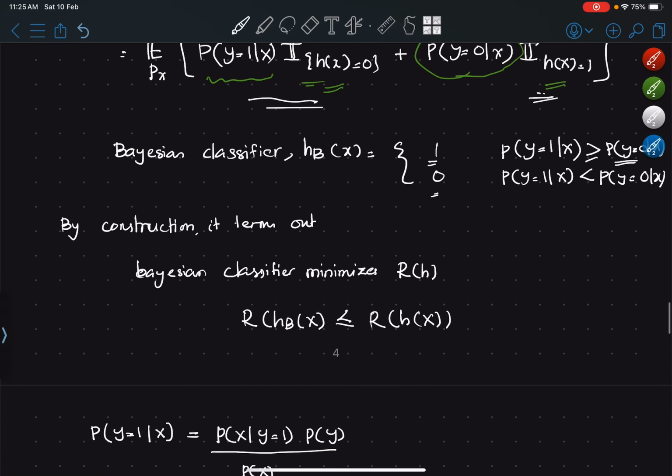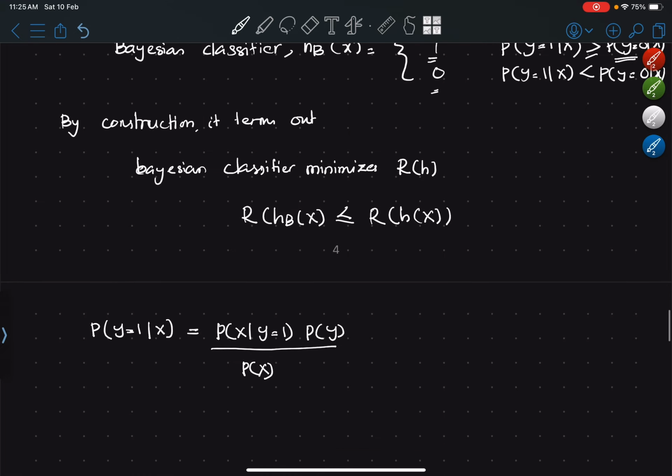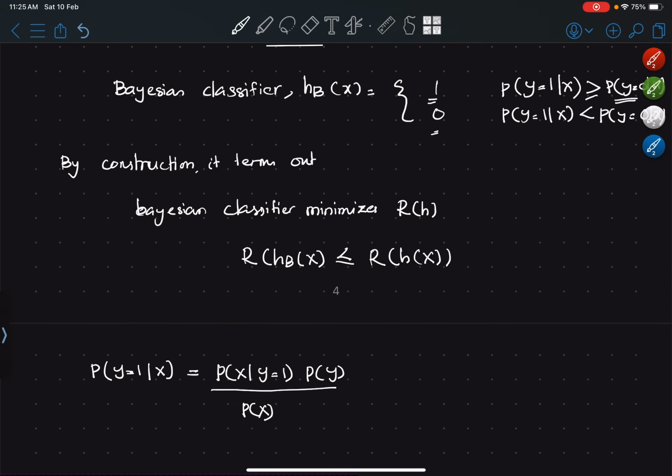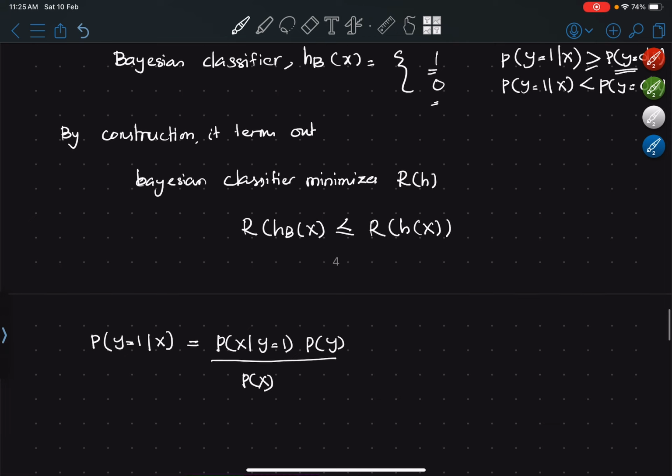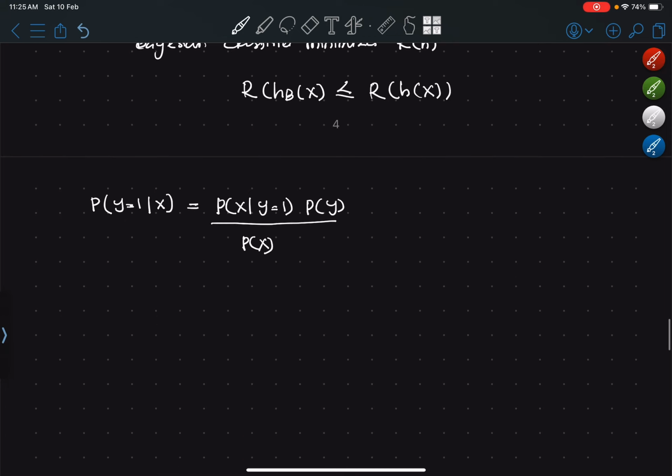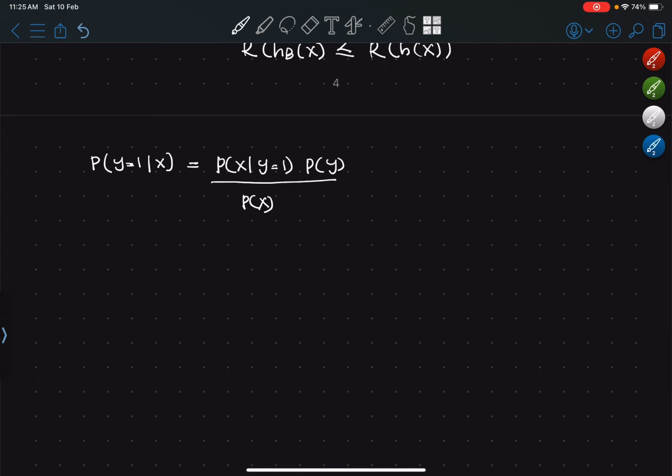We need to evaluate these, and whenever this value is greater, we assign it a 1. Otherwise, we assign it a 0. That's how we have to do this. But for finding p of y equal to 1 given x, we have to evaluate all these probabilities. In fact, this marginal need not be evaluated because you are just finding the ratio.